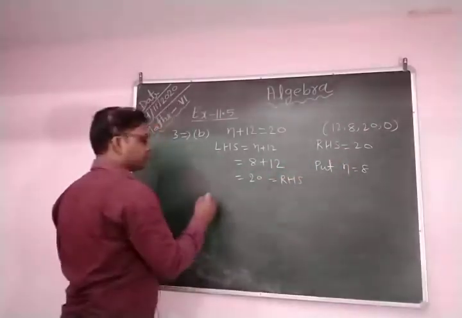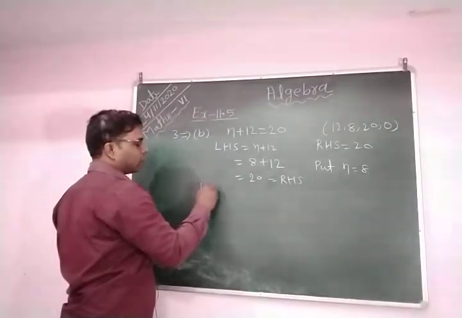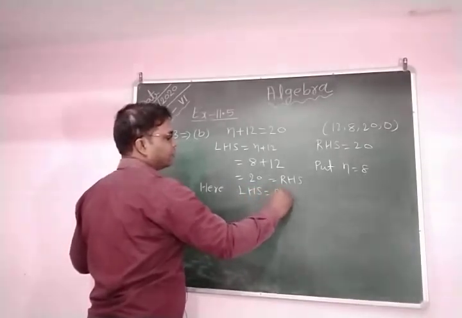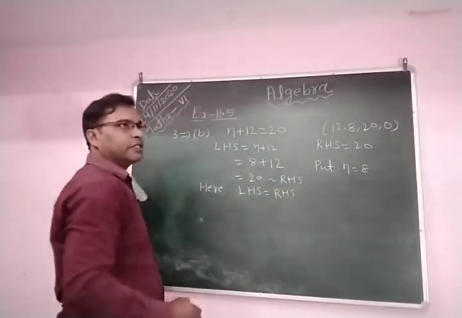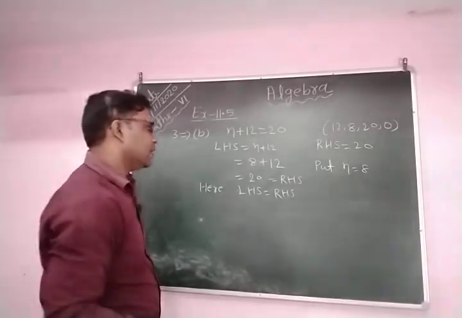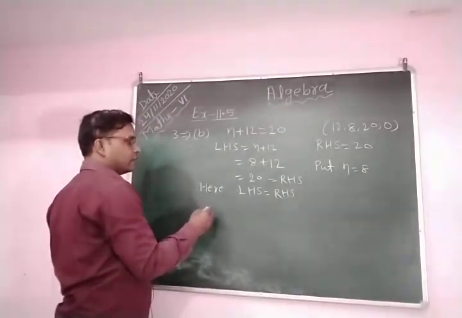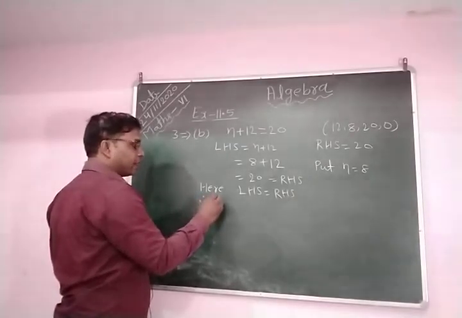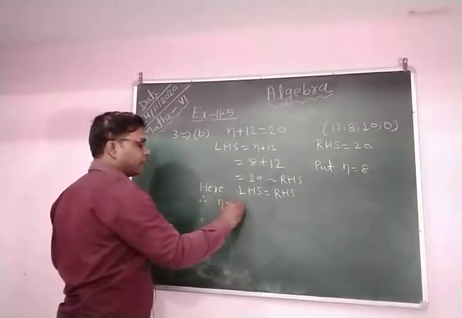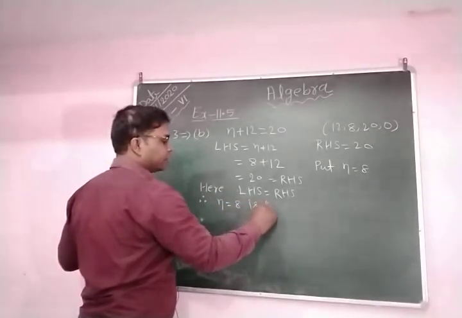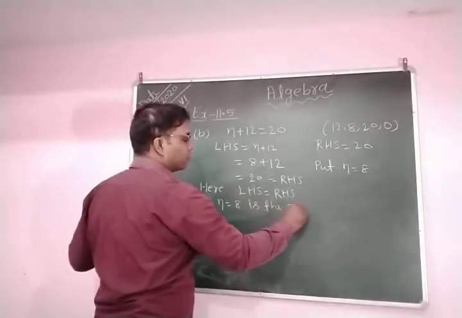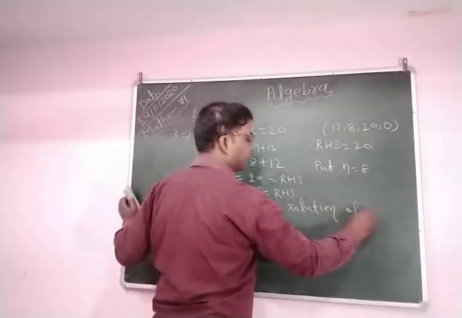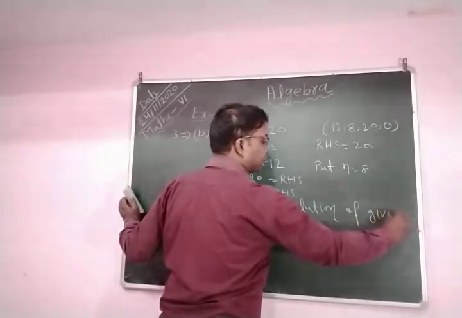So here you can see the left hand side is equal to the right hand side. Therefore you can say that n is equal to 8 is the solution of the given equation.